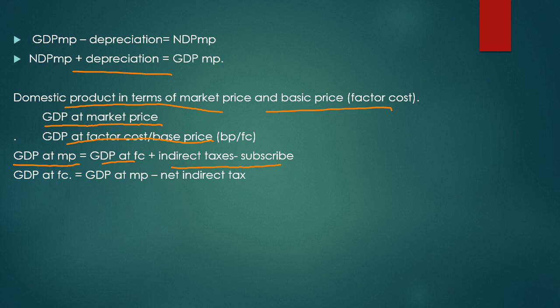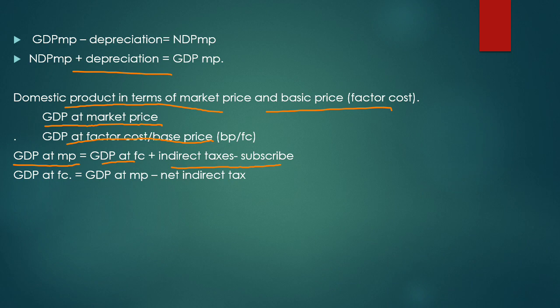So the producer will not want to produce that commodity, because demand will be reduced. A commodity whose demand was earlier very high is no longer demanded because of the tax burden.